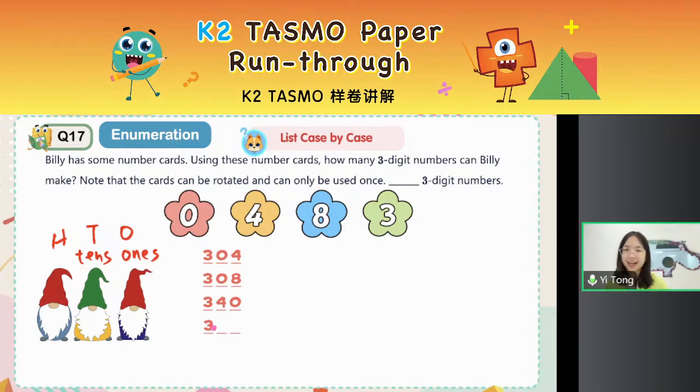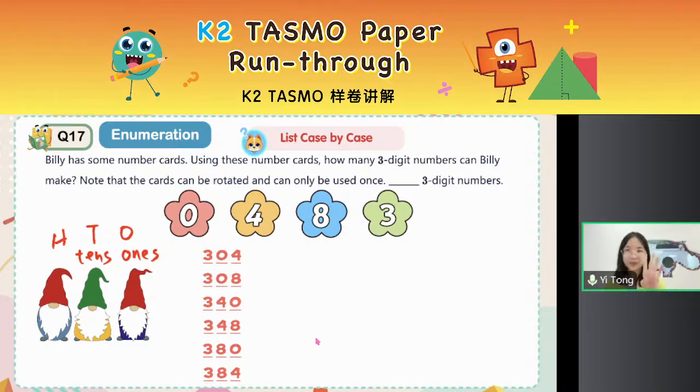So then 348. So always start from the small one. Then 380. And what's the next one? Biggest, 384. So we are done with the 3, and now we can move on to which number?